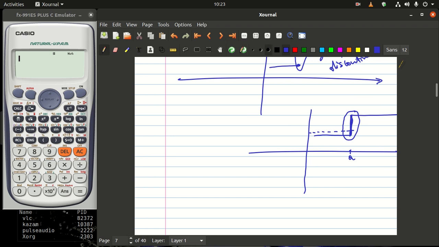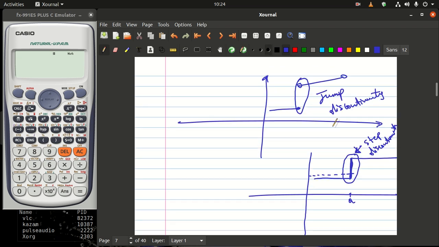But now if you were to classify this, all you need to say, someone with some sense will understand what you are trying to say, is that because the limit on the left here is not going to be the same as the limit on the right, and even the function here has so many outputs, you can just say that this one is a step, step up or step down, or you can just say step discontinuity. So that's how you can classify points of discontinuity.